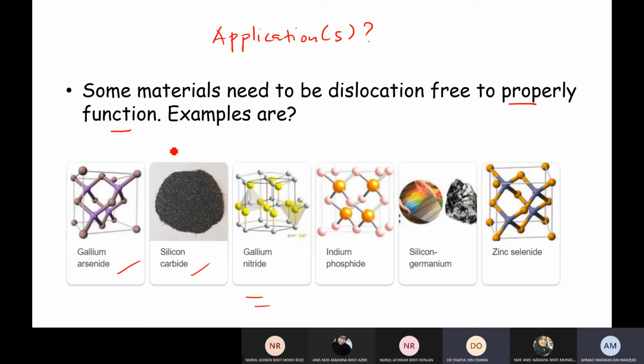This type of materials we use for semiconductor application because if you want to use a material in the fabrication of a semiconductor, we need that material to be dislocation free. So we can use this type of material for semiconductor application.